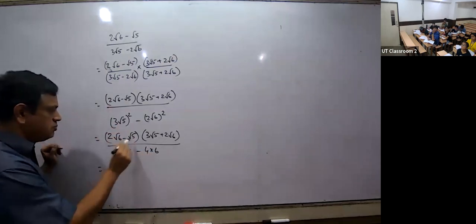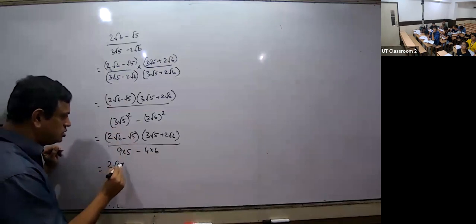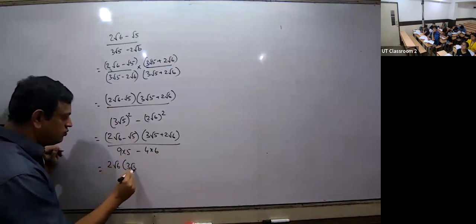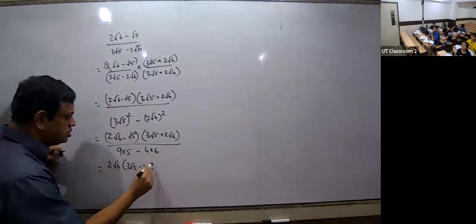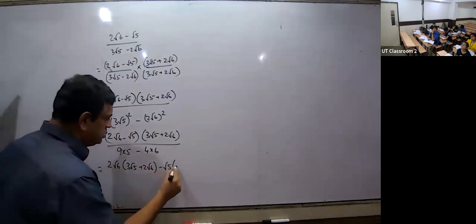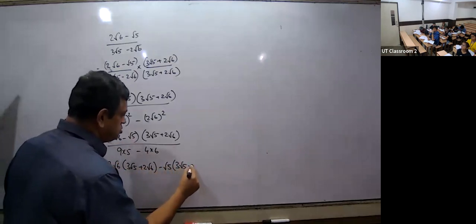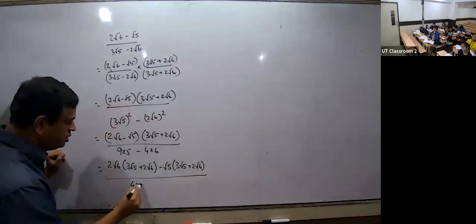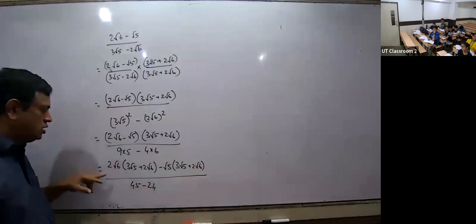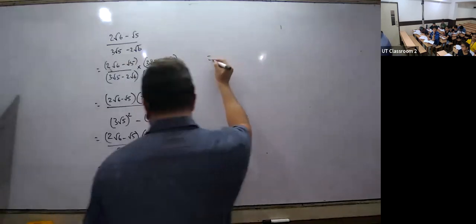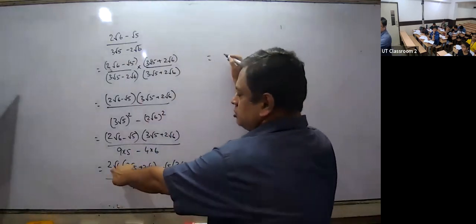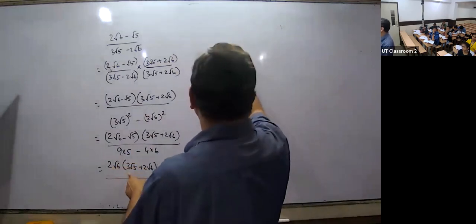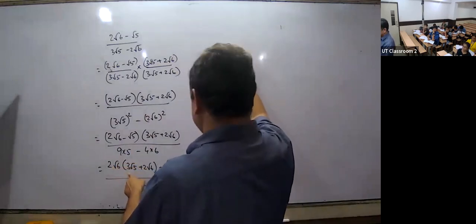Now we will multiply. How do you multiply? 2 root 6 times 3 root 5 plus 2 root 6, minus root 5 times 3 root 5 plus 2 root 6. I hope all of you followed. The denominator is 45 minus 24. Now the numerator: 3 into 2, 6 root 30.